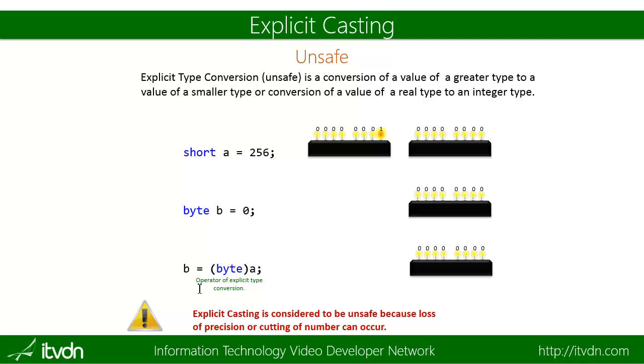So you have this variable b is equal to, you open your bracket, you write byte to show the computer that you want to explicitly convert short into a byte, and then you write a here, variable a. So 256, you want to put it into a byte, and this is how you explicitly convert. Explicit casting is considered to be unsafe because loss of precision or cutting of number can occur. So this is basically explicit conversion in short.